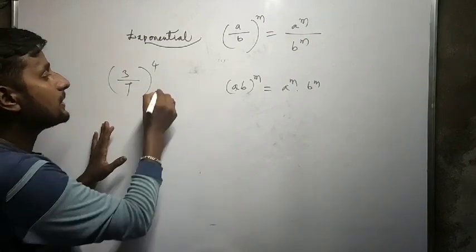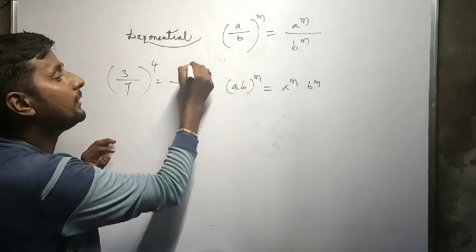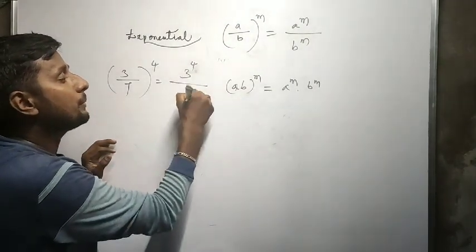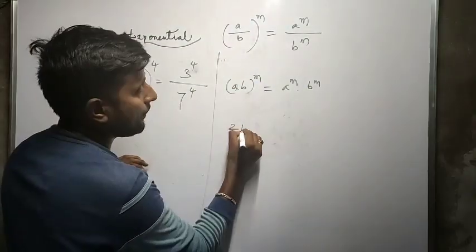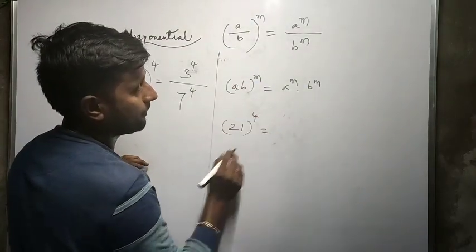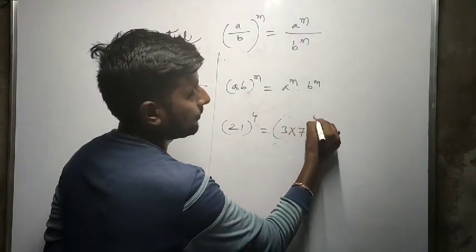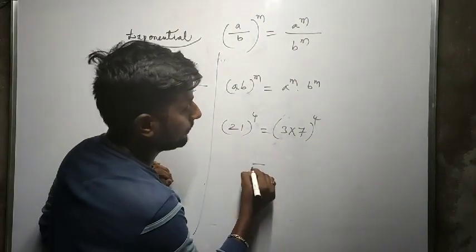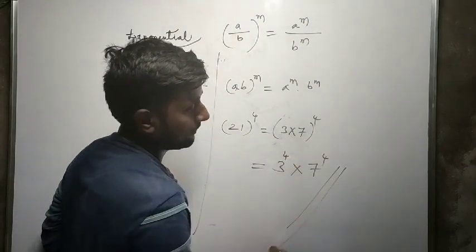In these cases, the power 4 will separate for numerator and denominator. So we'll write 3 power 4 by 7 power 4. Next, 21 whole power 4. 21 we can write as 3 sevens whole power 4. So 3 power 4 into 7 power 4.